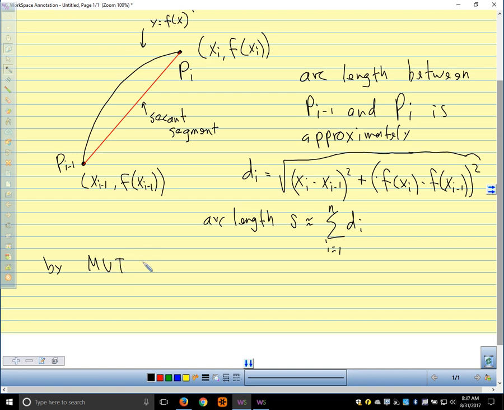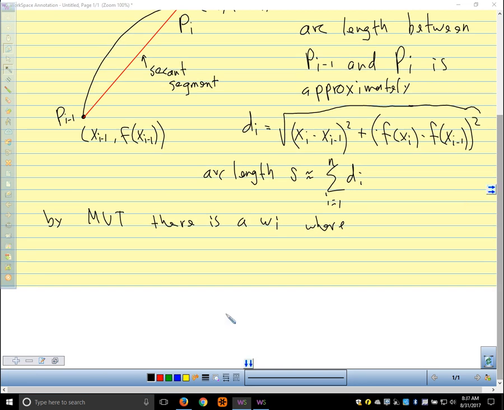By the mean value theorem, there's a w sub i where the derivative at w sub i, the slope of the tangent line, equals the slope of the secant line.